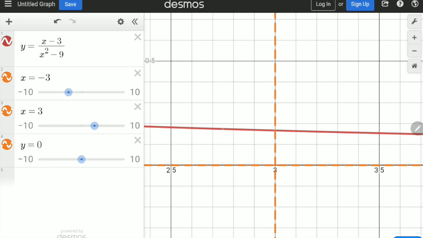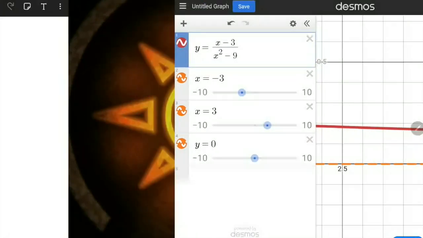If I trace over my graph in red, as I move towards that spot, you'll see just an instant right there, undefined. So instead of creating an asymptote, it actually creates just an undefined value, just a missing point at whatever this y value actually is.